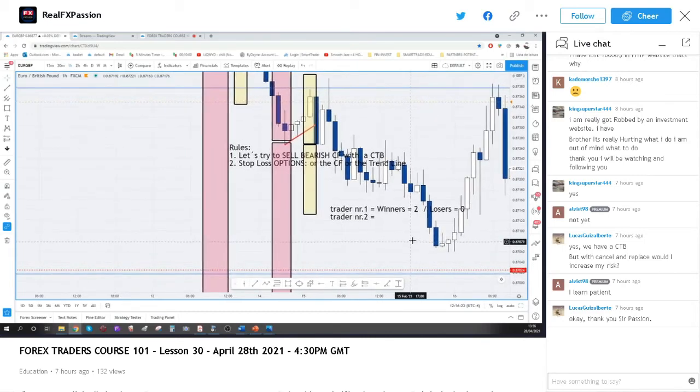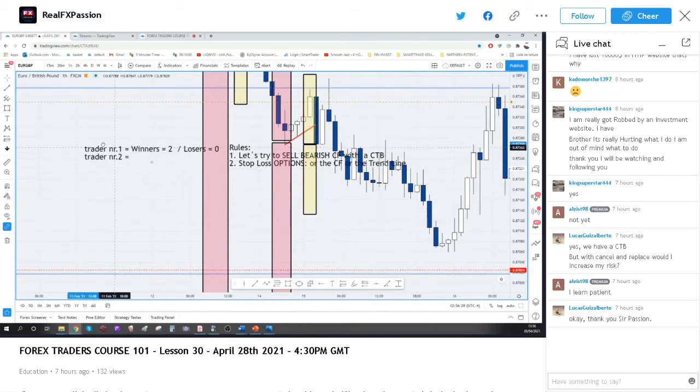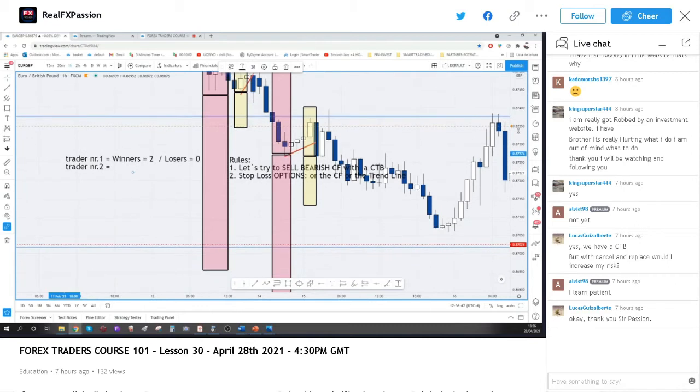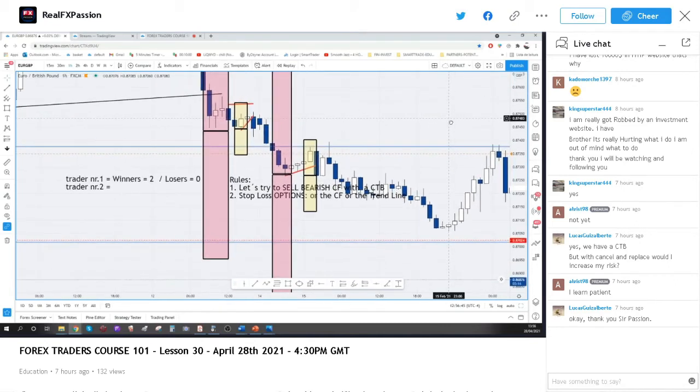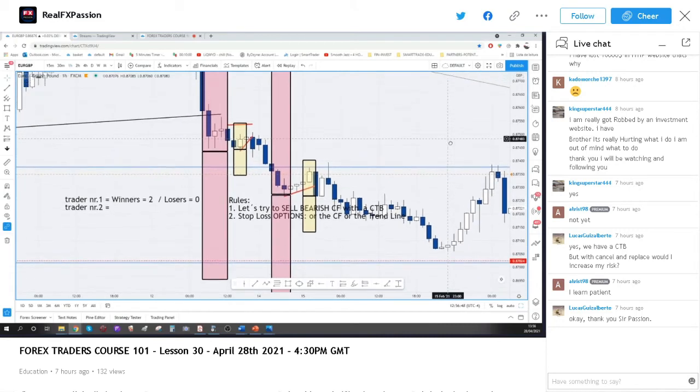Now, what's the difference between those two? Trader number one made two trades, went 1 for 1, put his or her stop loss below or above the candlestick formations, and won 2. Now the second trader, it's a choice. Somebody could say, well, scalping is not going well for me.